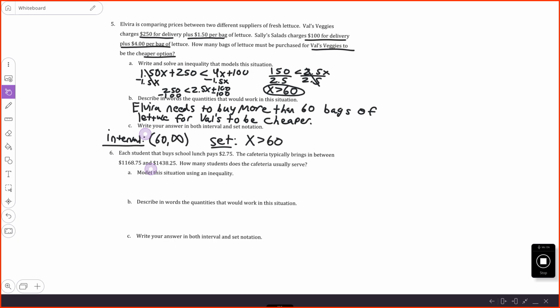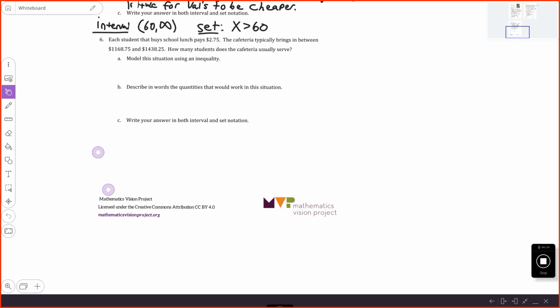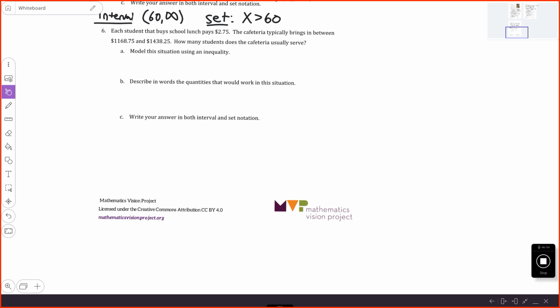Now, last one, 6. Each student that buys a school lunch pays $2.75. The cafeteria typically brings in between $1,168.75 and $1,438.25.